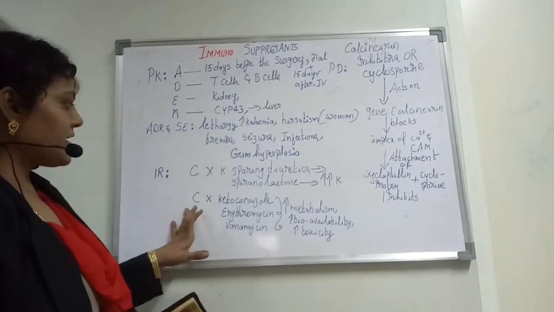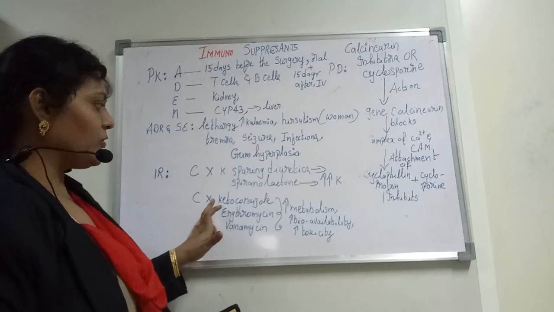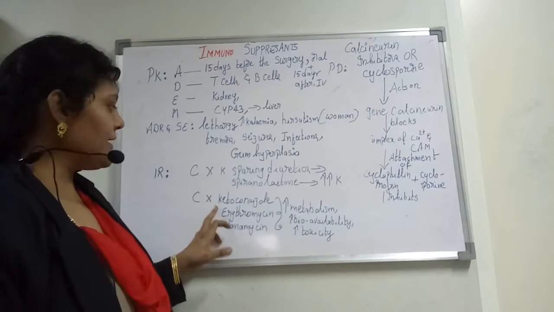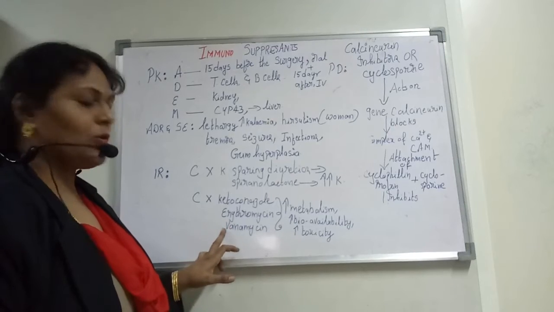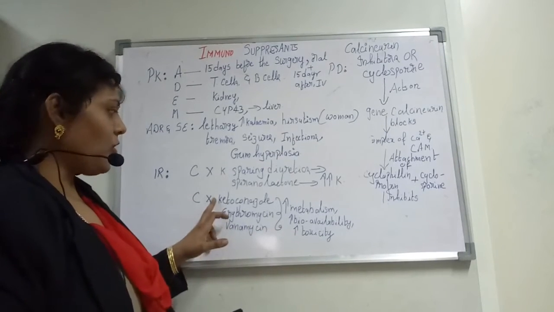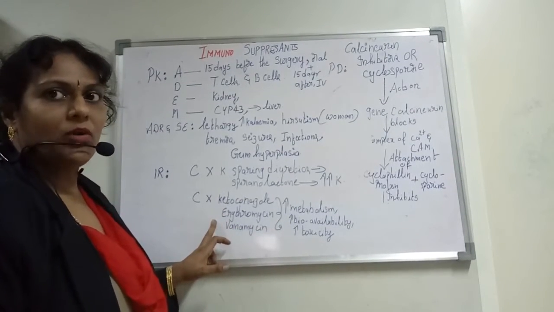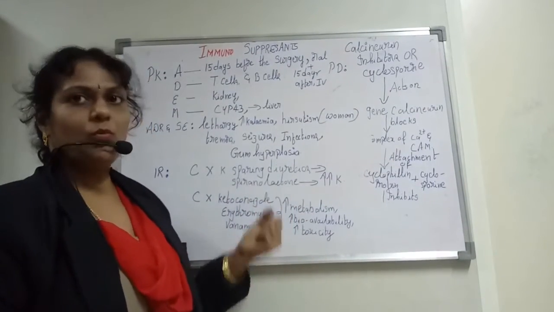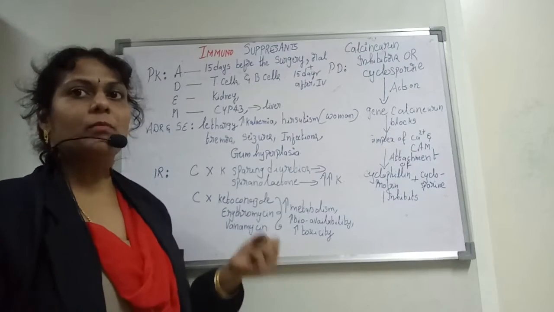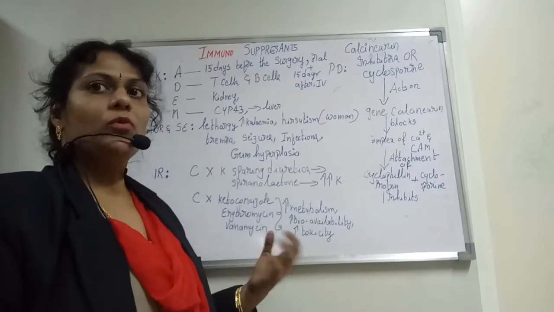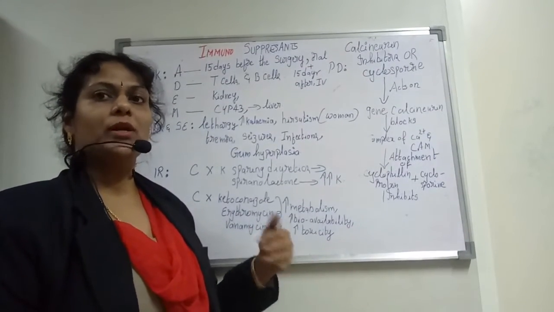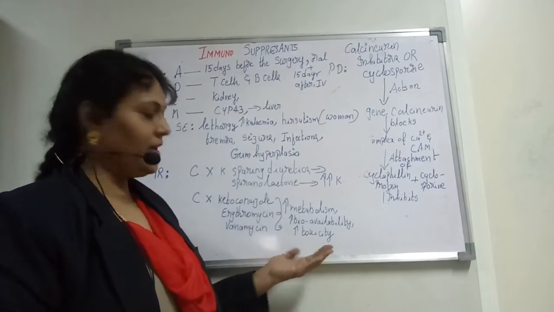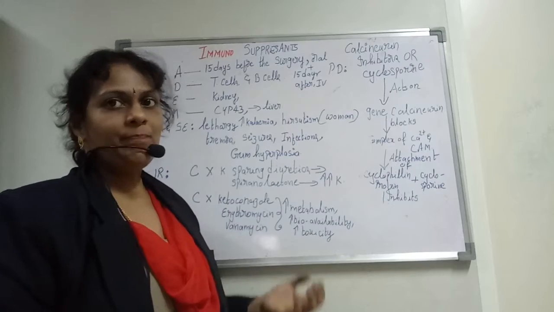So here cyclosporine cannot be combined with all these three. Once metabolism is increased, the bioavailability also increases more and more, and more drug dosage gets into the body. So once more drug is inside the body, toxicity will always be produced.